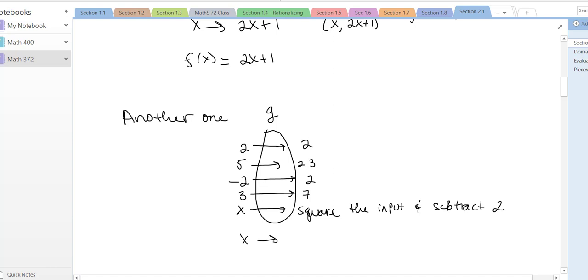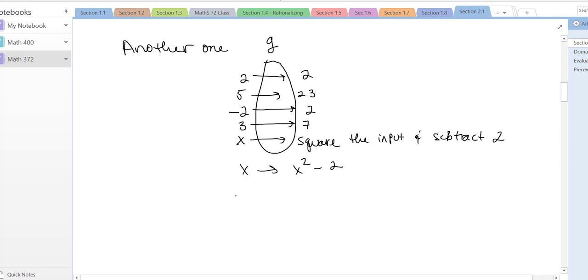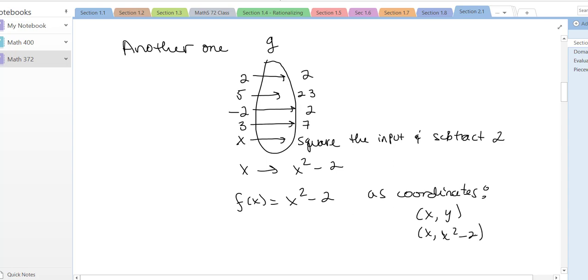So this becomes x goes to x squared minus 2. And the way we write that is, we're going to say f of x equals x squared minus 2. As a coordinate pair, this will be x comma y, but y is the x squared minus 2, right?